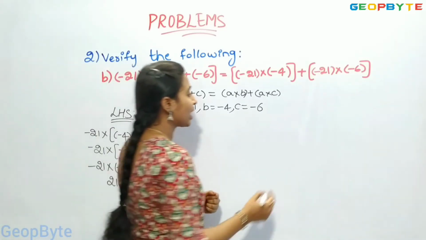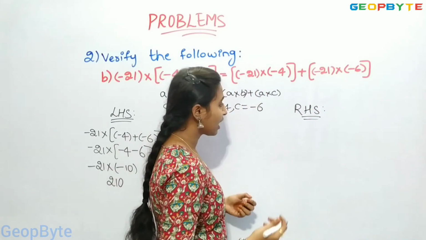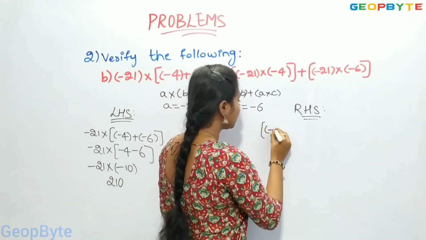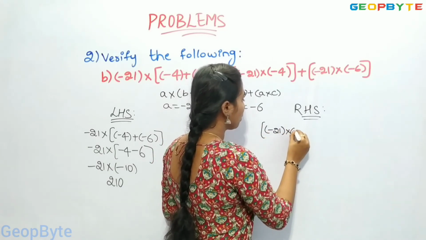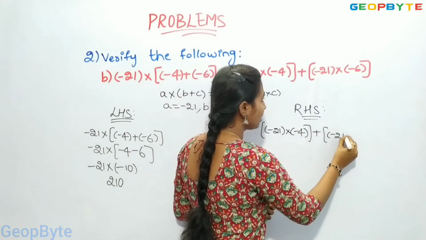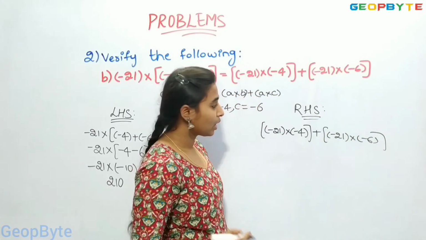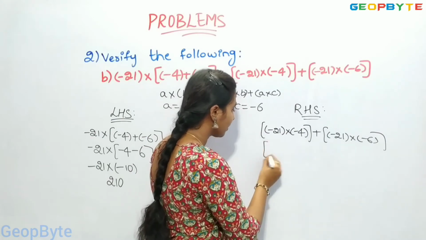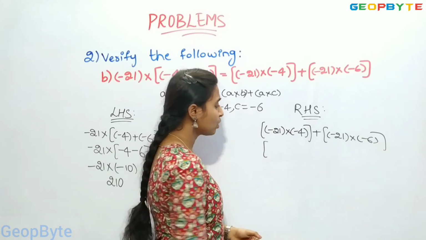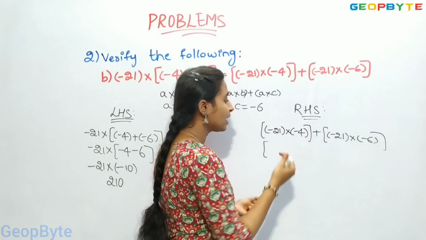Now, let us verify the right hand side, that is RHS. Now, let us write the given value, that is minus 21 into minus 4 plus minus 21 into minus 6. Now, let us solve this one. We have minus 21 into minus 4. So, minus into minus becomes plus. 21 fours are 84.